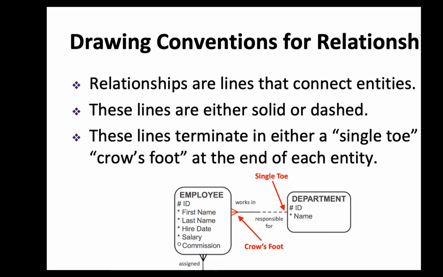So here the same is the case with employee and job. Each employee must, this hard line, this solid line is must, be assigned to one and only one job. But each job may be assigned to one or more employees.